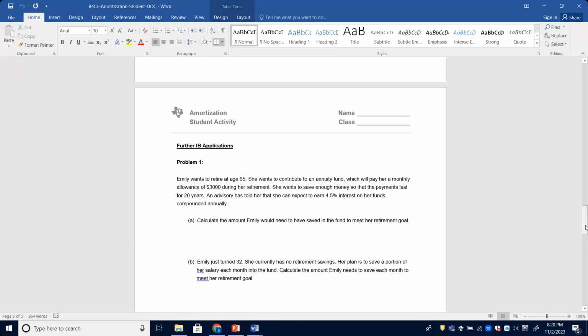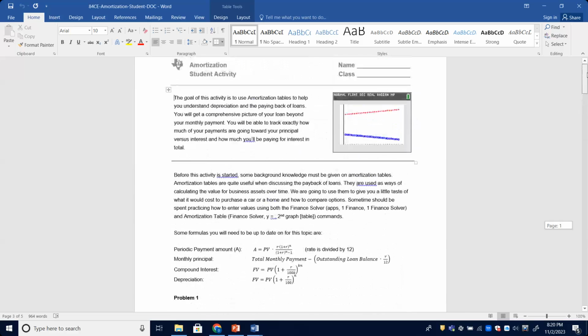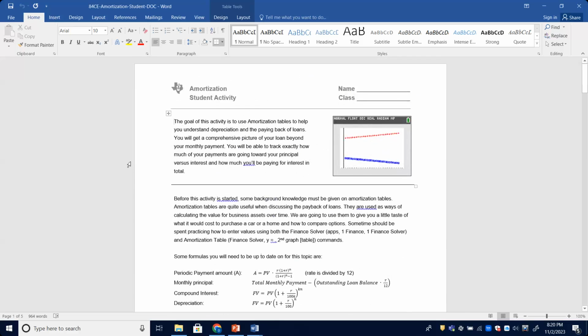Let's take a quick peek at this activity. One thing I am charged to do is to create some symmetry and consistency through the activities. They're trying to get all of our TI activities to look the same, to have a similar flow.